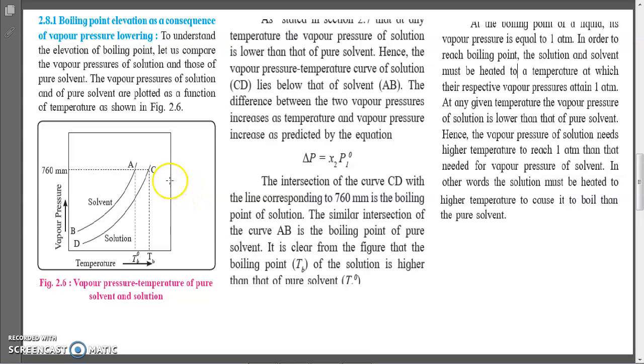The vapor pressure of the solution is lower than that of the pure solvent.